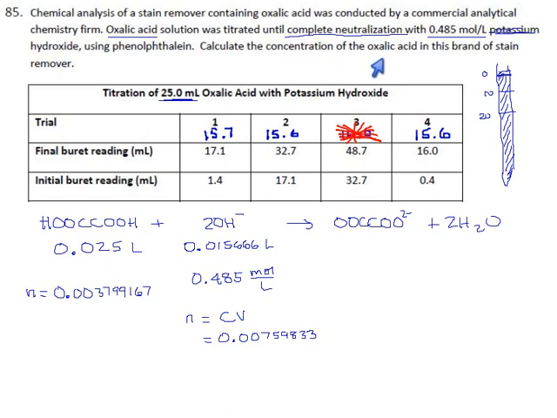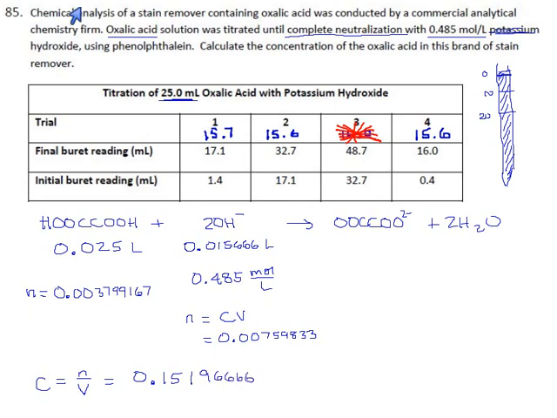And they said calculate the concentration of the acid. That's pretty often what we're finding. Concentration is number of moles, which we already have in the calculator, divided by our volume, which is 0.025. I get a concentration of 0.1519 long string of sixes.